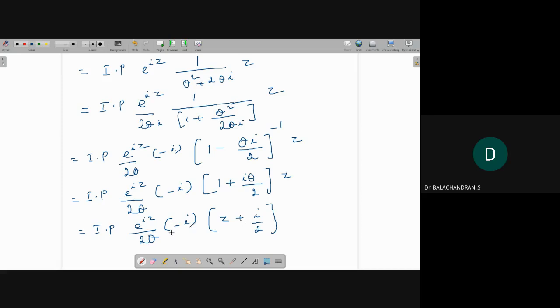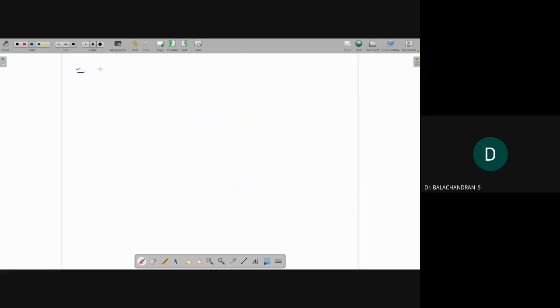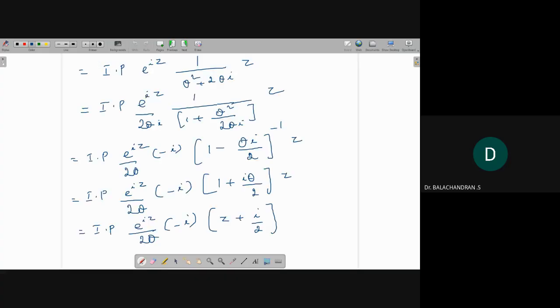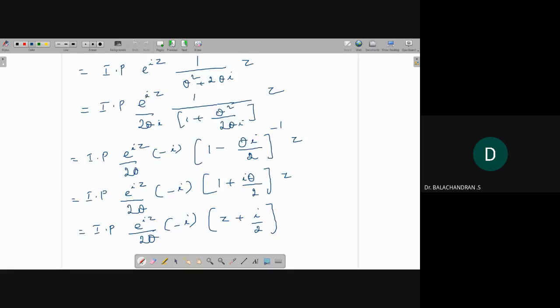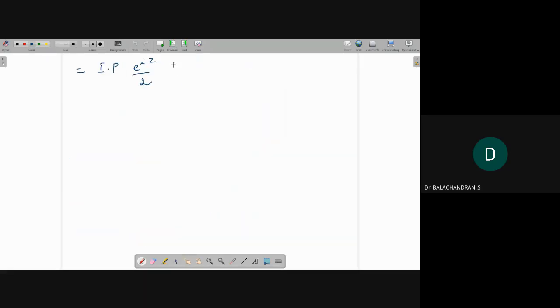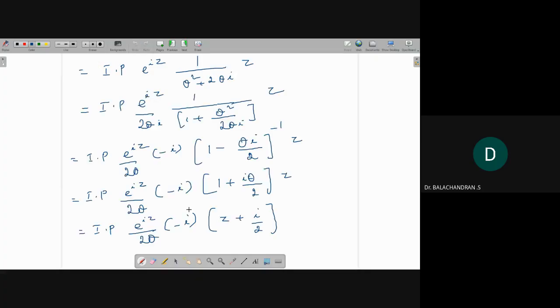Now multiply by minus i, you will get the imaginary part of e^(iz) by 2 into 1 by θ.